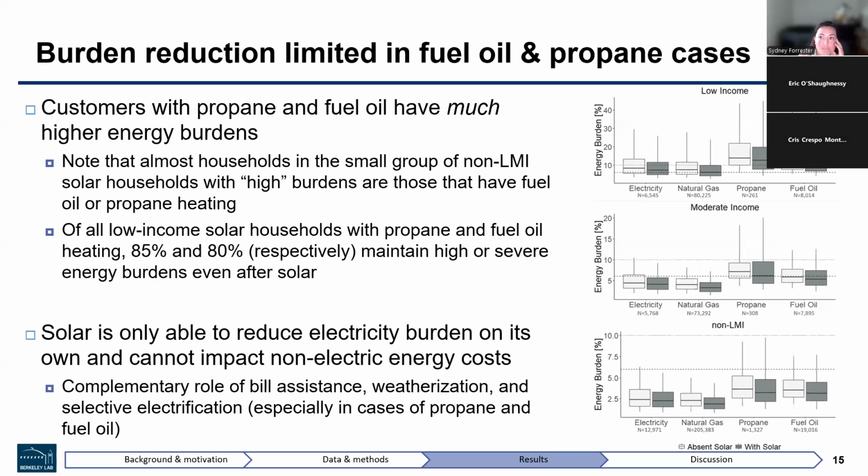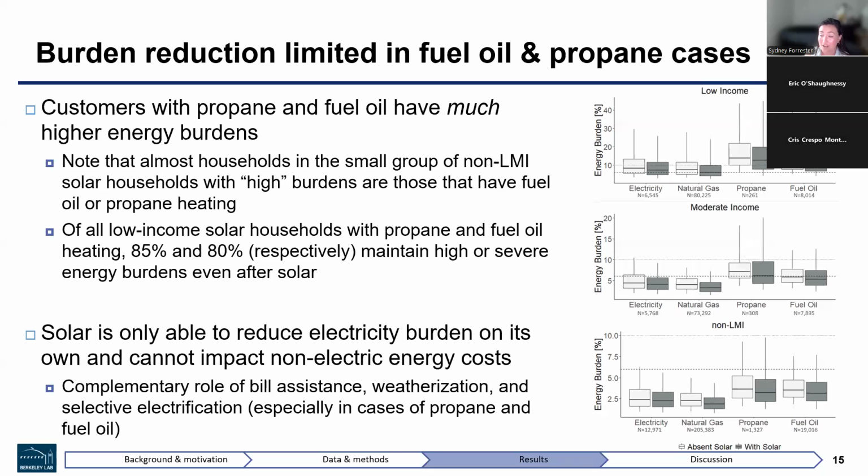So I think the one thing I also want to note is that I haven't focused on the non-LMI portion of the income groups that much in this presentation, but I did want to note that of the very small group of non-LMI solar households that had sort of burdens exceeding 6%, essentially all of them are just ones with propane or fuel oil as a primary heating fuel.